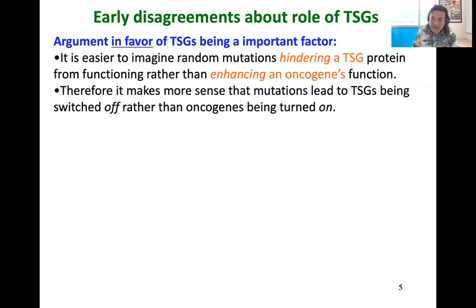Therefore, this group of researchers argued that it makes more sense that mutations lead to tumor suppressor genes being switched off rather than oncogenes necessarily being turned on, as the basis of how cancer happens.